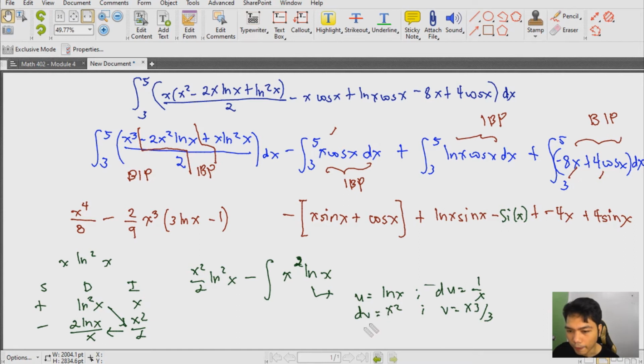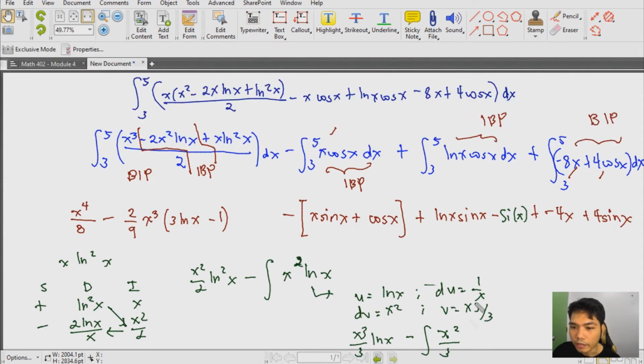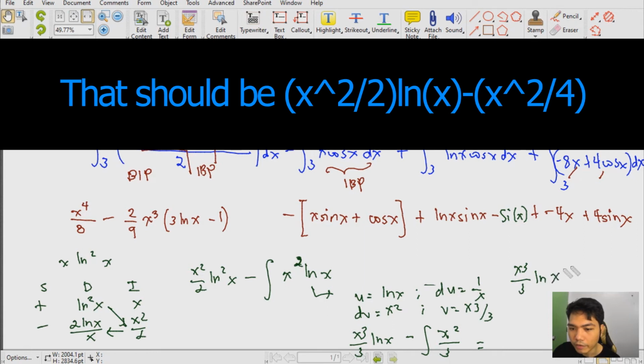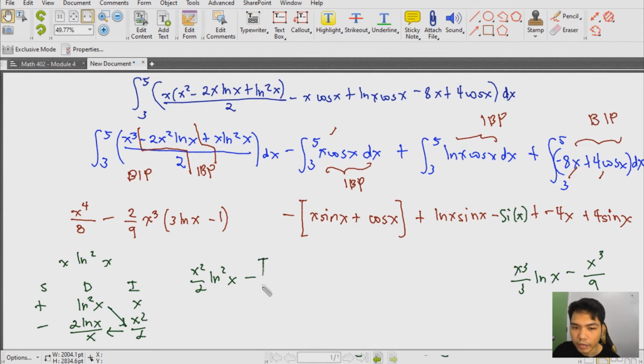Our expression becomes x cubed over 3 ln of x, minus the integral of v du, that's x squared over 3. Therefore, the antiderivative gives you x cubed over 3 ln of x minus x cubed over 9. Now substitute this portion here: minus x cubed over 3 ln x minus x cubed over 9.